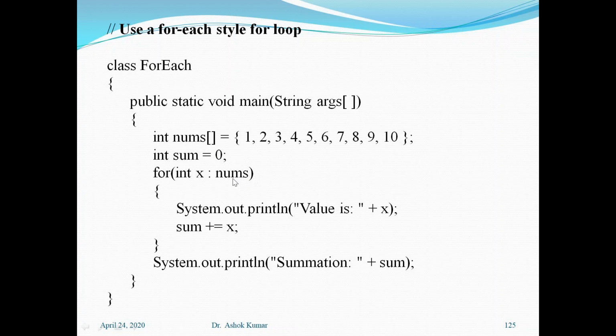When the for each loop is executed, this x variable takes one element at a time from the array that you have mentioned over here. First x will take value 1, then x will take value 2, then x will take value 3, and for each value of x, the body of the for loop is repeated.